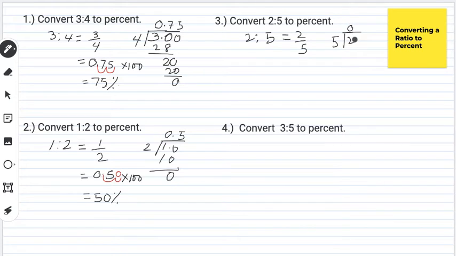So this is 0. We have to add another 0. 20 divided by 5, we have 4. And 4 times 5 is 20. And we have to subtract 20 minus 20 is 0. So the equivalent of 2/5 in decimal form is 0.4.